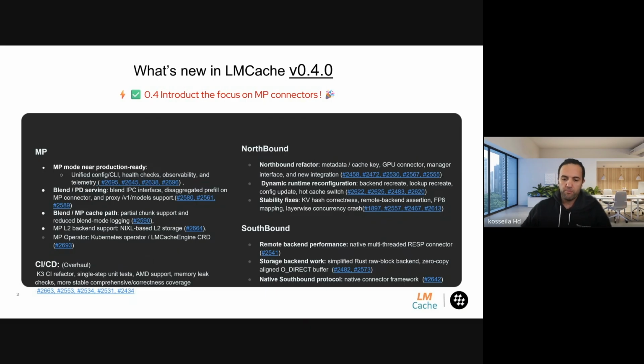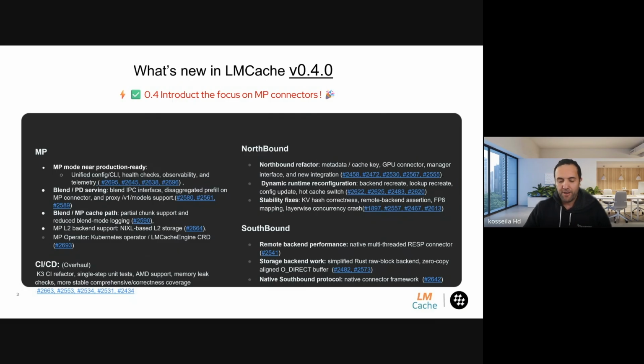One of the most important PRs is support for more attention backends like FlashInfer or Triton attention, and that is due to some new GPU KV cache formats, and that would also allow in the future to support more layouts, which is great. We have also some stability fixes as well.